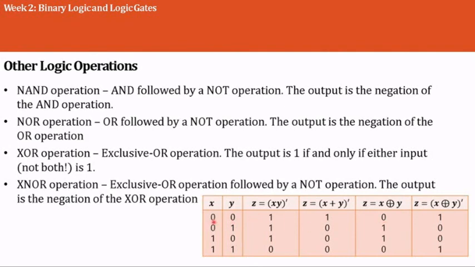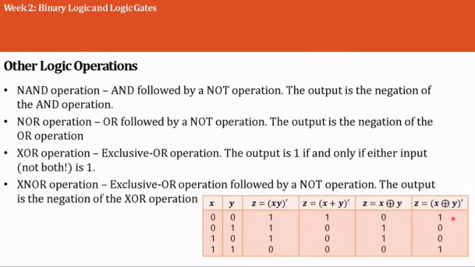If one is 0 and the other one is 1, so we have different inputs, therefore our output will be 1. Same with 1, 0: 1 XOR 0 is equal to 1. And let's say x is equal to 1 and y is equal to 1. We have the same input, therefore our output will be 0. And the opposite of XOR is the XNOR.